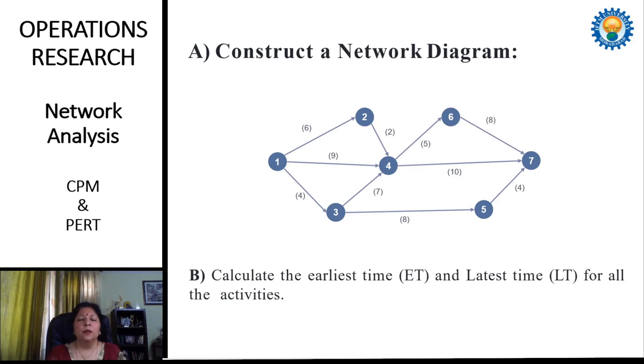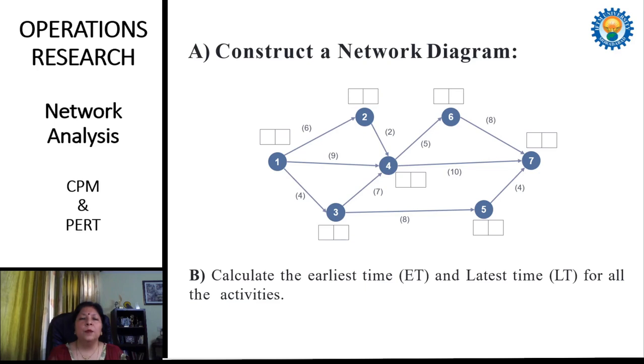Now in this diagram, we start to calculate the earliest time and the latest time for each activity. Again, we start with the very first event, that is 1. As everyone knows, when we start any project, we assume the starting time is 0. In the same way here, for the first event 1, we assume the earliest time is 0.